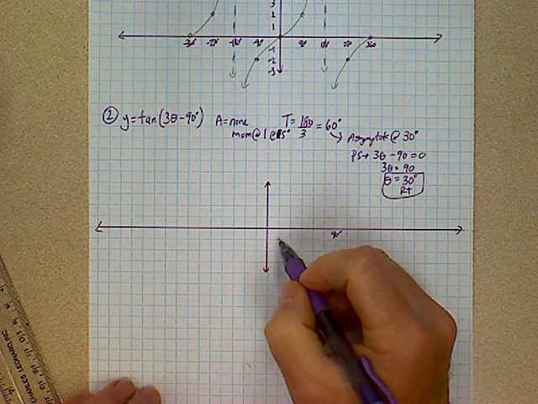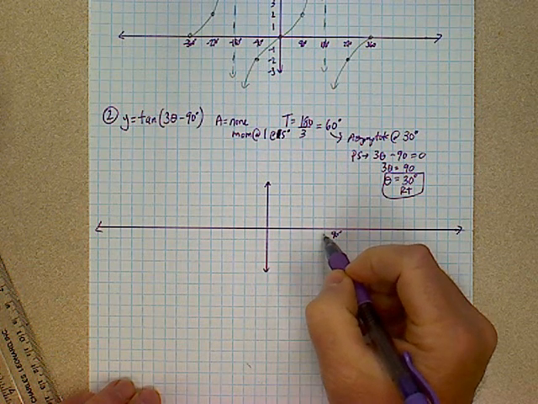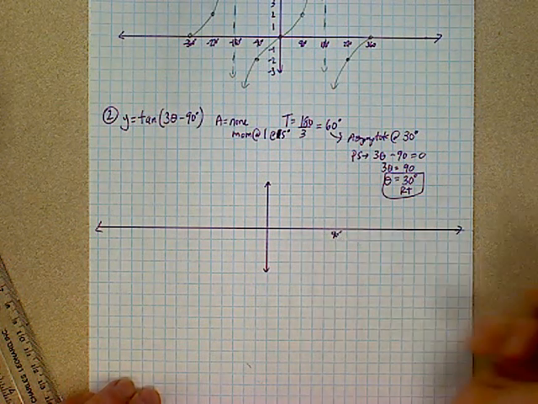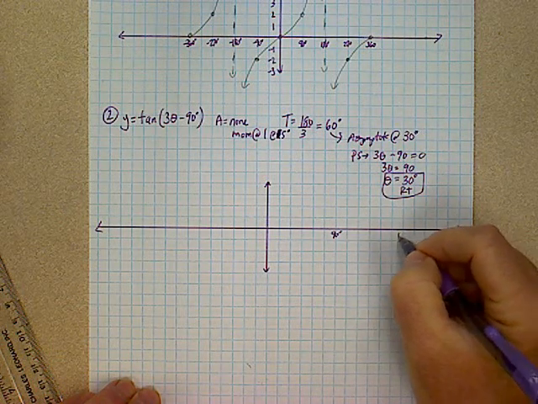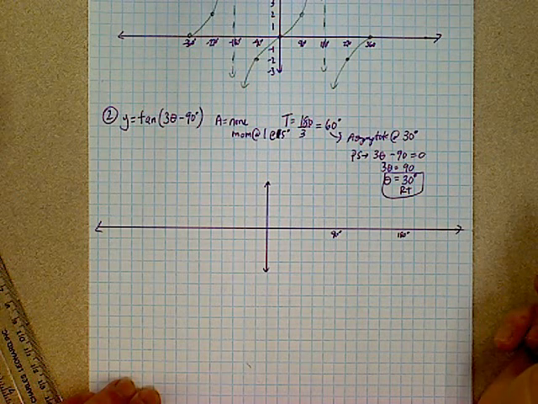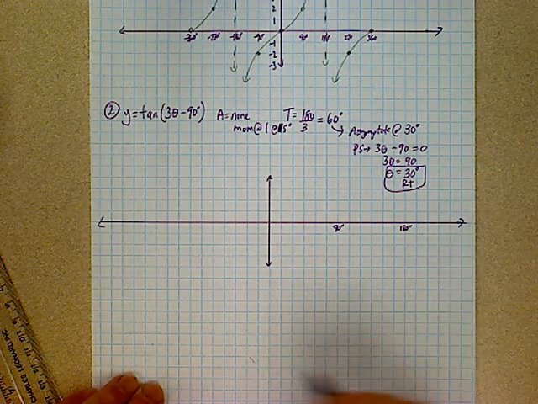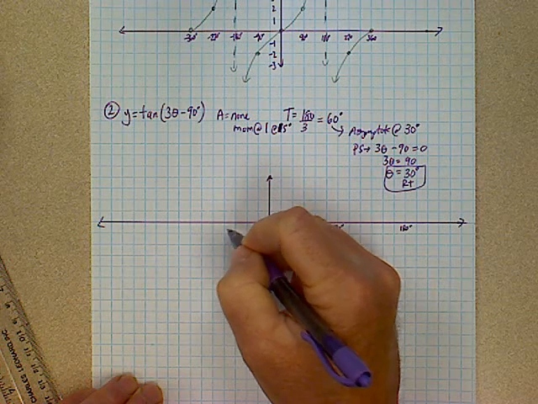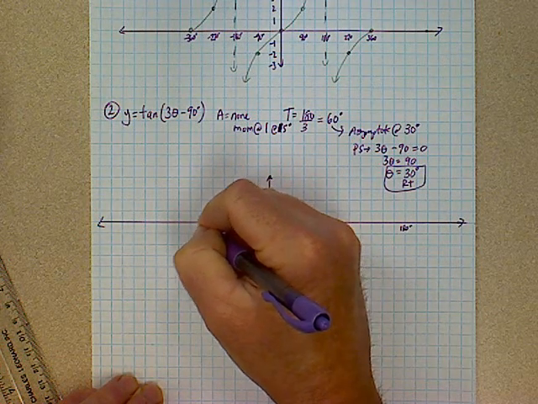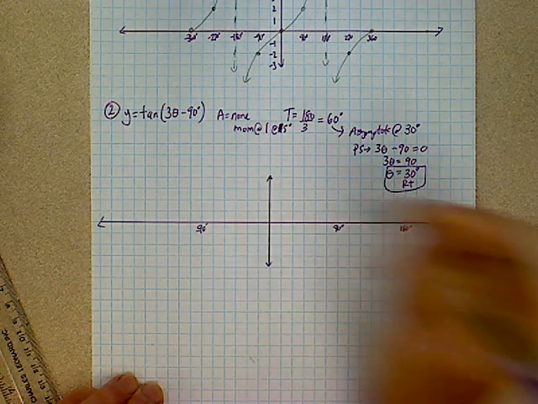So again, how did I do that? I did 1, 2, 3, 4, 5 blank lines, the next one 90. So 1, 2, 3, 4, 5 blank lines, and the next one should be 180. That's as far as I'm going to go because I won't be able to get any more numbers on this. Going backwards, 1, 2, 3, 4, 5, and the next number will be negative 90 degrees.